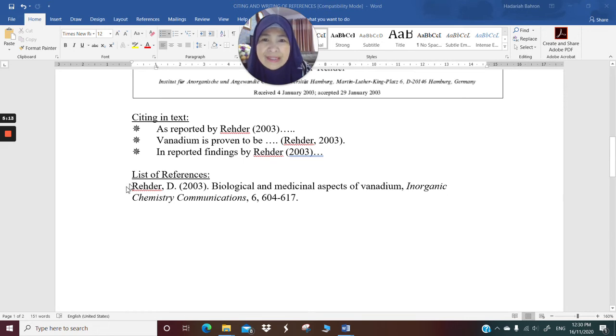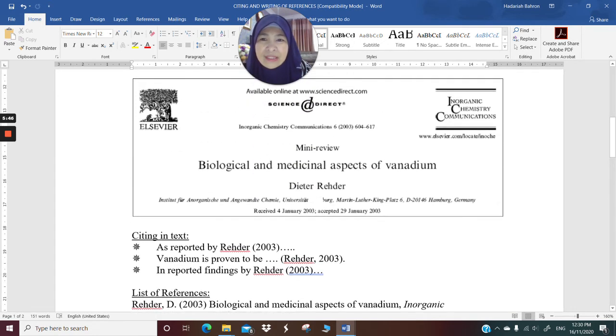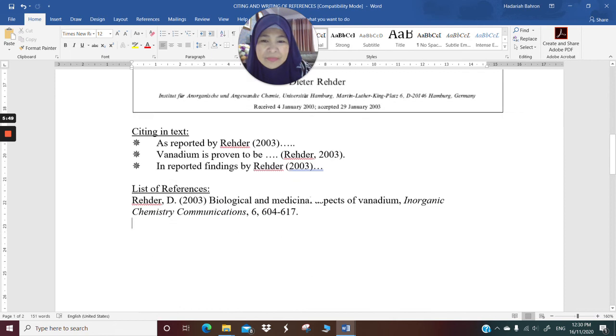So you put the surname, not the first name, comma, and the initial of the first name, and then put the year the paper was published in bracket after the name, and then the title of the paper, the name of the journal, the issue of the journal, and the number of pages the paper is published. So that is for a single author, one writer.